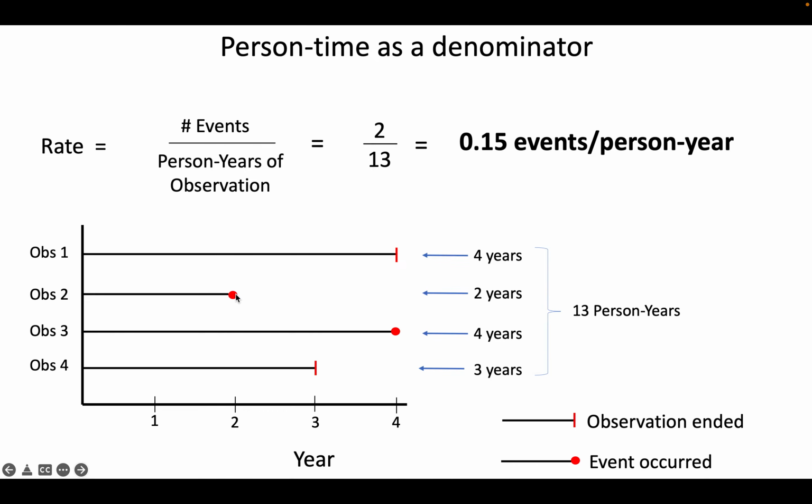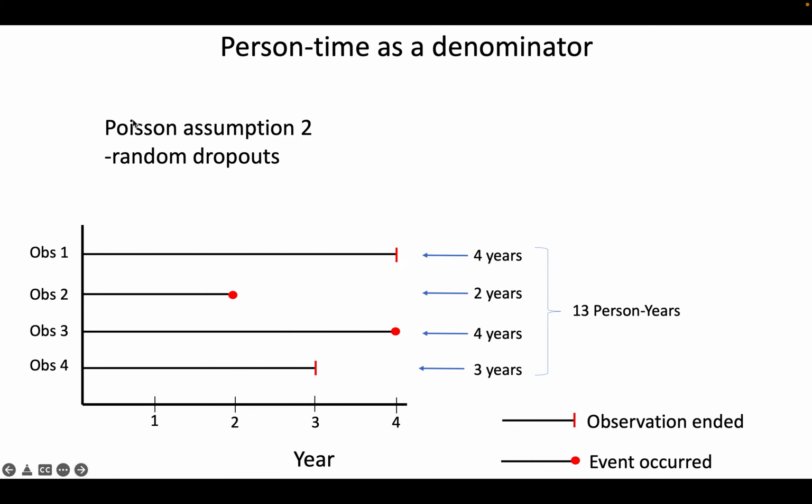Someone here had an event after 2 years, someone here had an event after 4 years, but instead of just saying the raw rate is 2 events per 4 years, we're able to account for how much time each person contributed. So this person contributed 4 years, this person 2, 4 years, and 3 years. That comes out to 13 person years, so we're able to get a more exact rate.